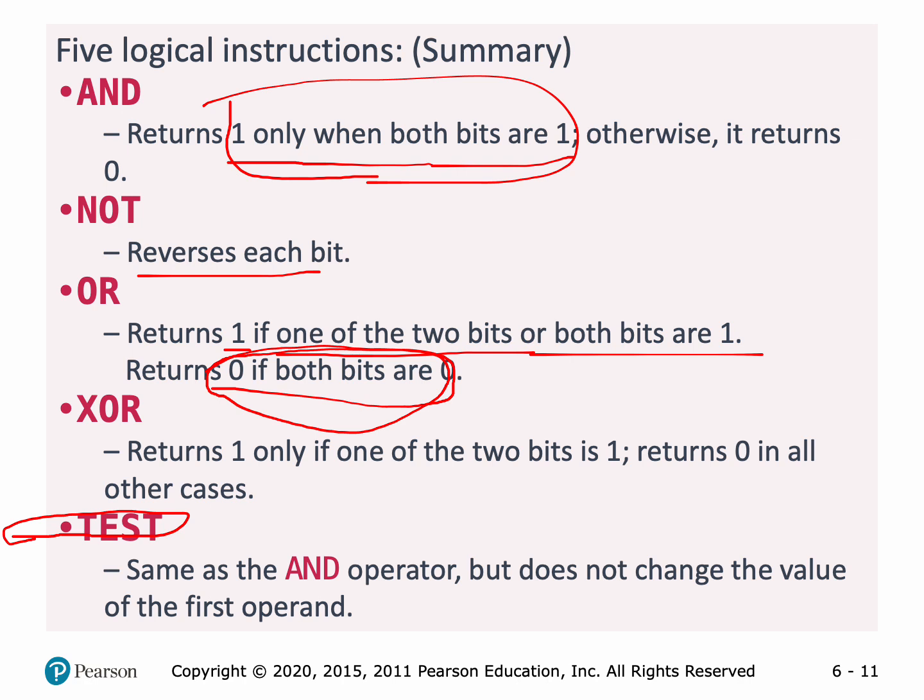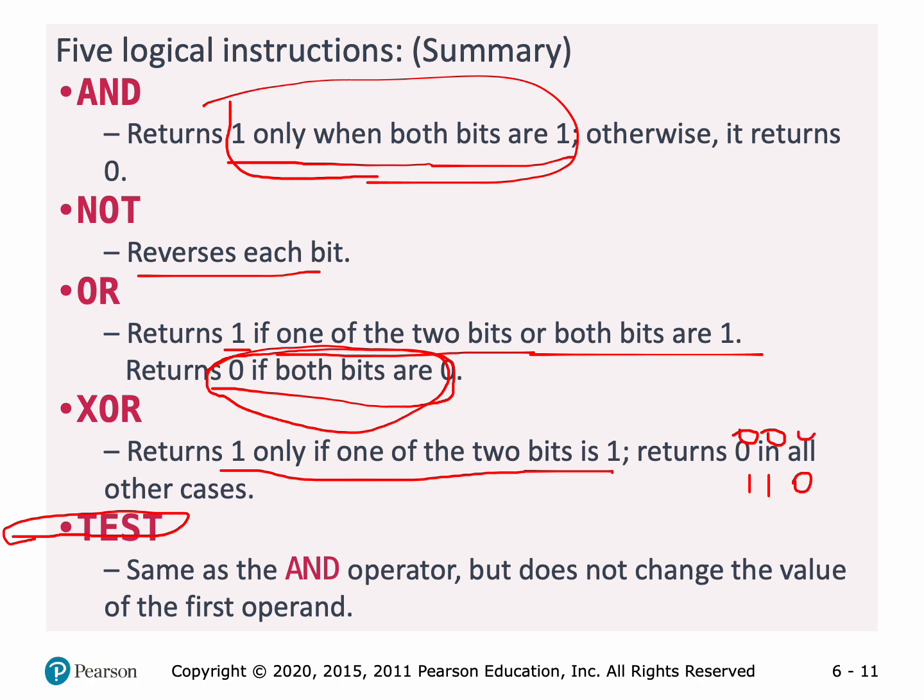And then the XOR returns a 1 only if one of the 2 bits is a 1. Returns a 0 in all other cases. So it returns a 0 if it's 0, 0 or 1, 1. So 0 XOR 0 is a 0, 1 XOR 1 is a 0.